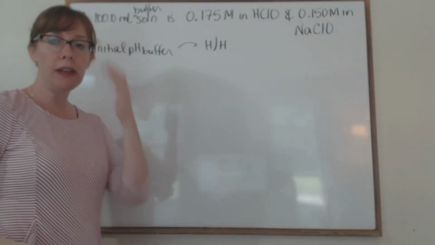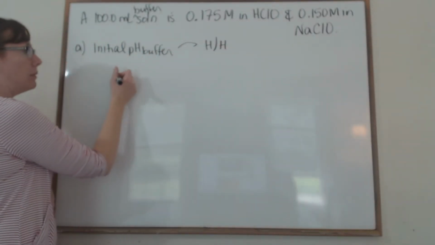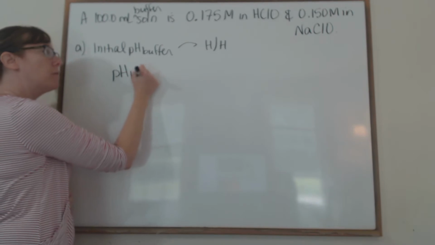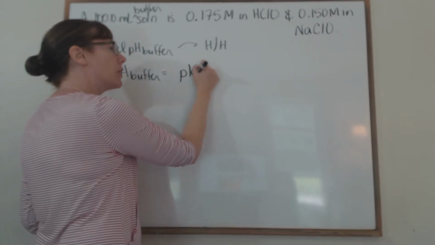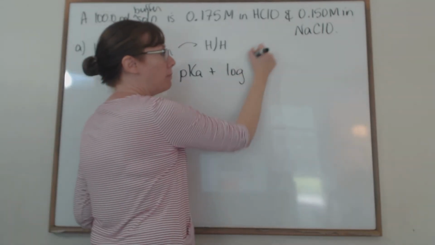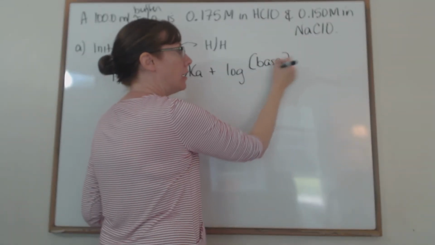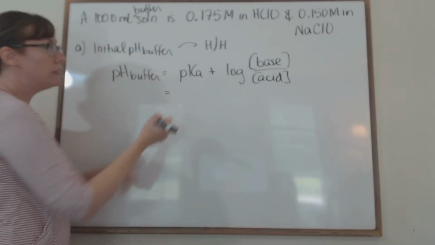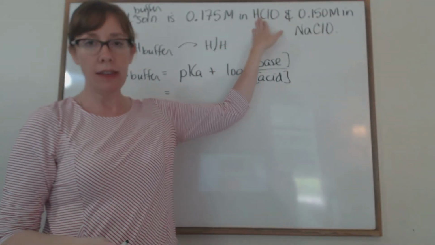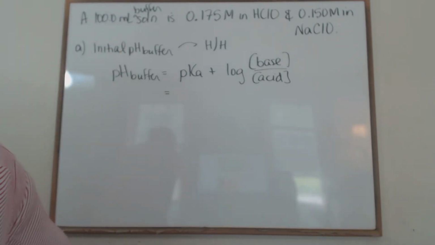So if you want to pause the video, see if you can do it, but I'll just proceed with it. The pH of a buffer is going to equal the pKa plus the log of the base over the acid concentrations.